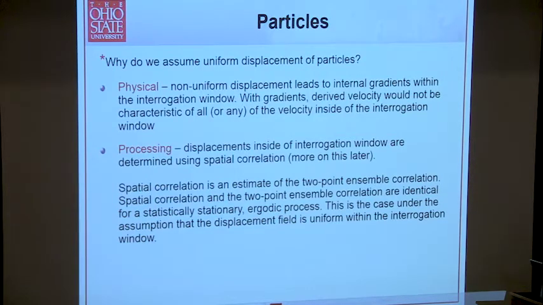So this spatial correlation we're doing to the windows, the cross-correlation, is only appropriate under the case where we have uniform displacement. Really, to look at two fields that have moved, we need to do a two-point ensemble correlation. But that analysis is quite difficult, and cross-correlation can be done via FFT. It's very simple. And therefore, if we have a uniform flow, then the cross-correlation analysis is reasonable. Okay? So really what happens if we don't assume that we have uniform displacement, a lot of things that we do in the processing break down and become ill-posed.